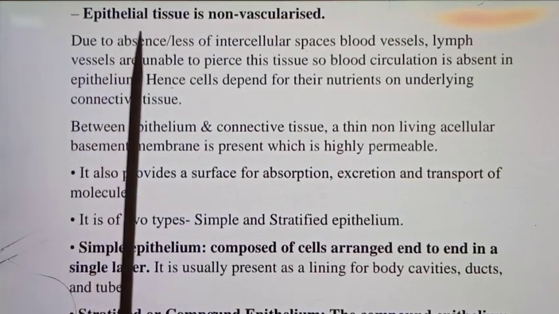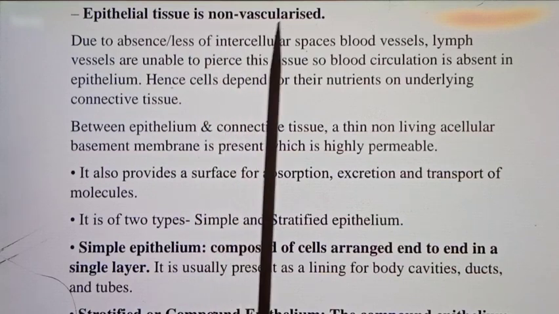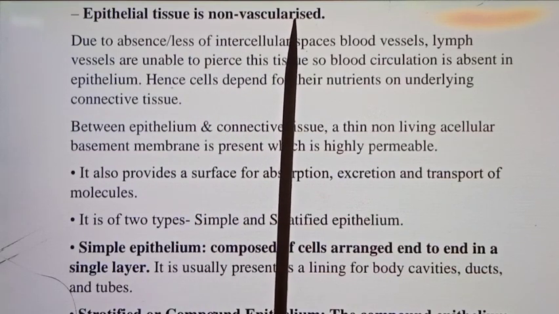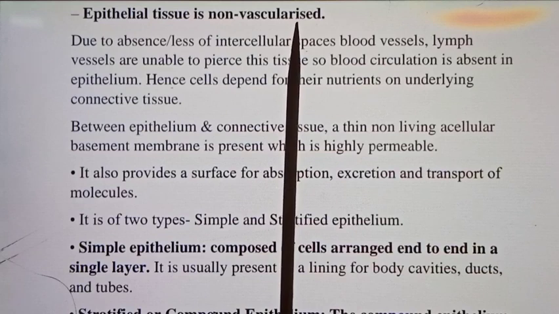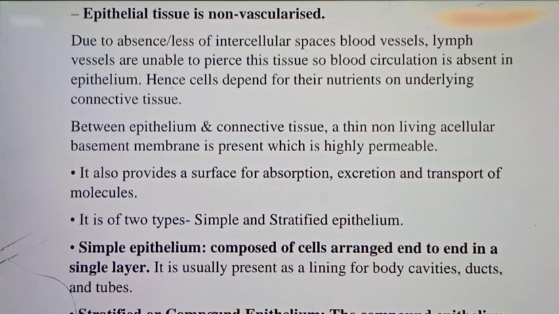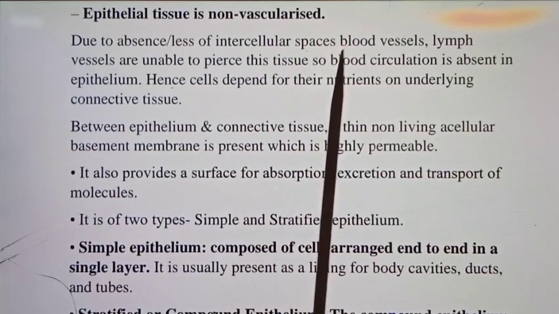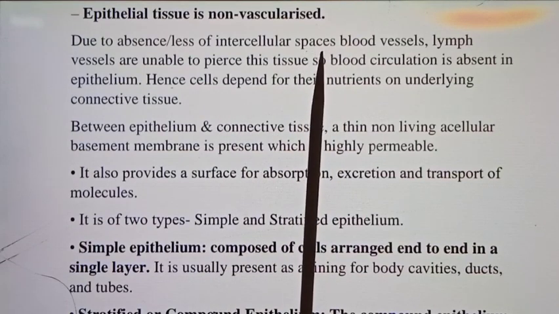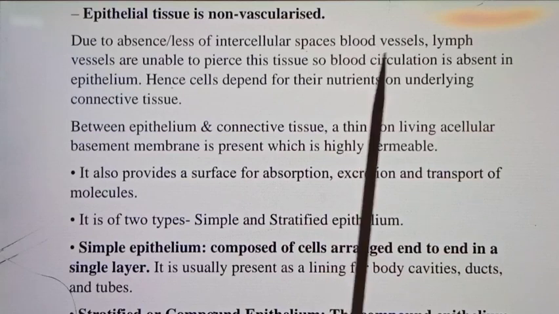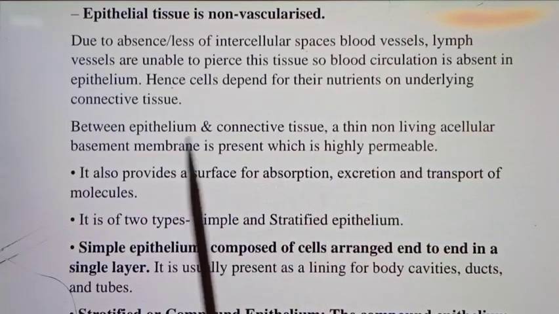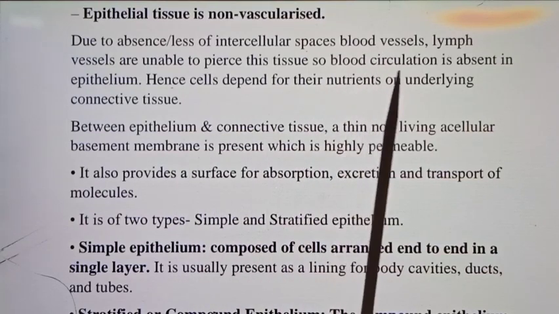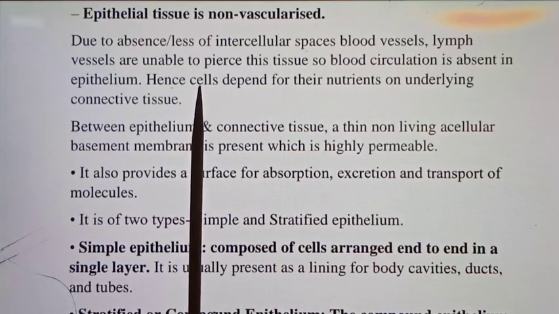You need to know that the epithelial tissue is non-vascularized. The main meaning of non-vascularized is they don't have capillaries. They don't have the intercellular matrix or space, and blood vessels such as capillaries cannot enter there, and they don't have lymph vessels also.